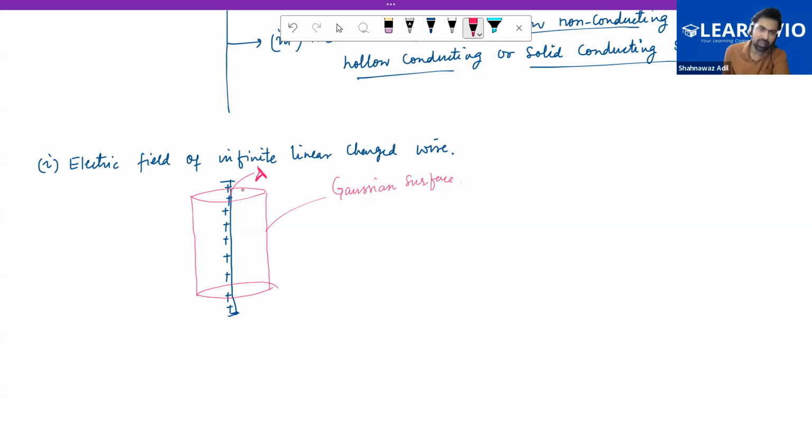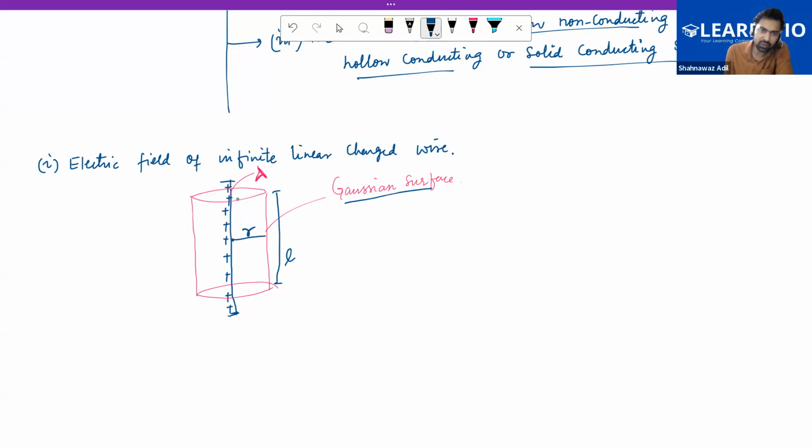And from here to here, this length is, let's say, L. And let's say that this is R, this is the R distance.